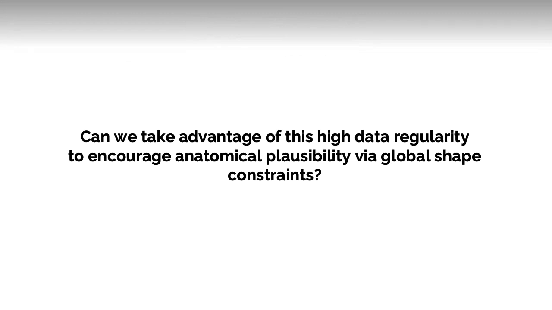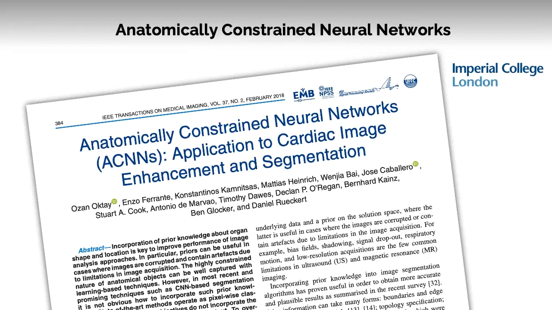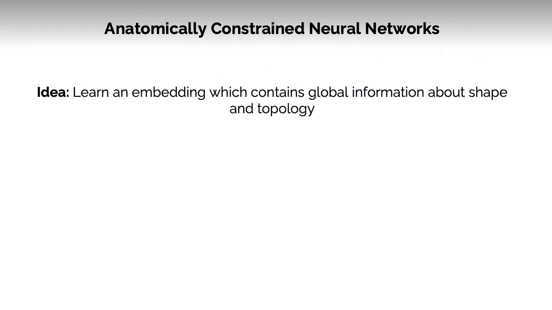So how can we take advantage of the fact that we are dealing with a highly regular problem, in the sense that we are segmenting these structures that are organs, to encourage anatomical plausibility via these kinds of global shape constraints? This is something we started to work on a few years ago when I was doing my postdoc at Imperial with Ozan, who was the first author of this paper.